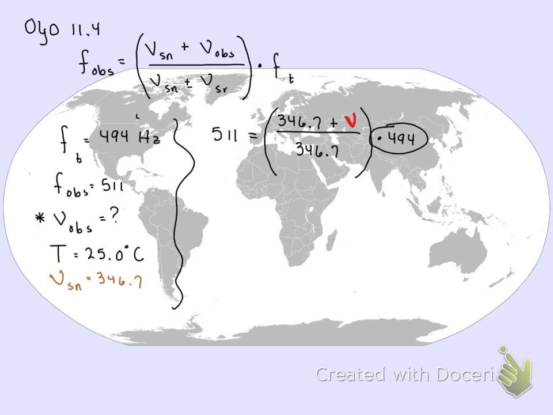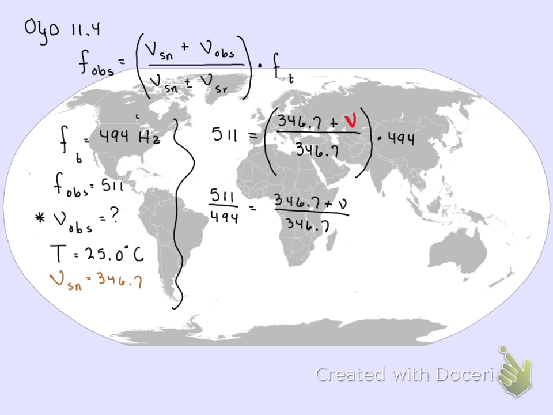So if the 494 is being multiplied, we need to undo that multiplication by doing the opposite, which is division. Okay, so we're going to rewrite that result, and this is what we're left with. And now that we've removed the 494, we also don't need to worry about the parentheses. So this is what we've got right now.